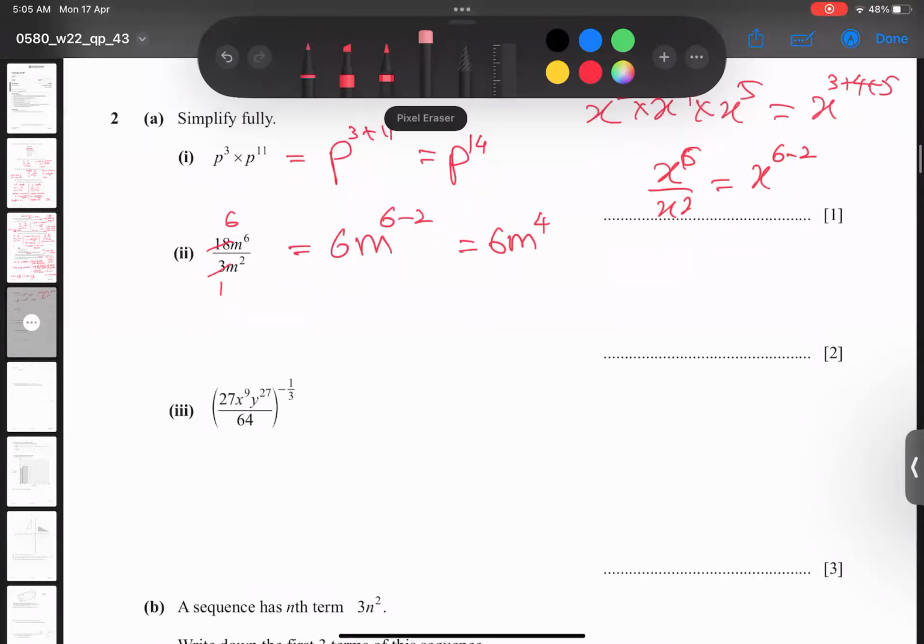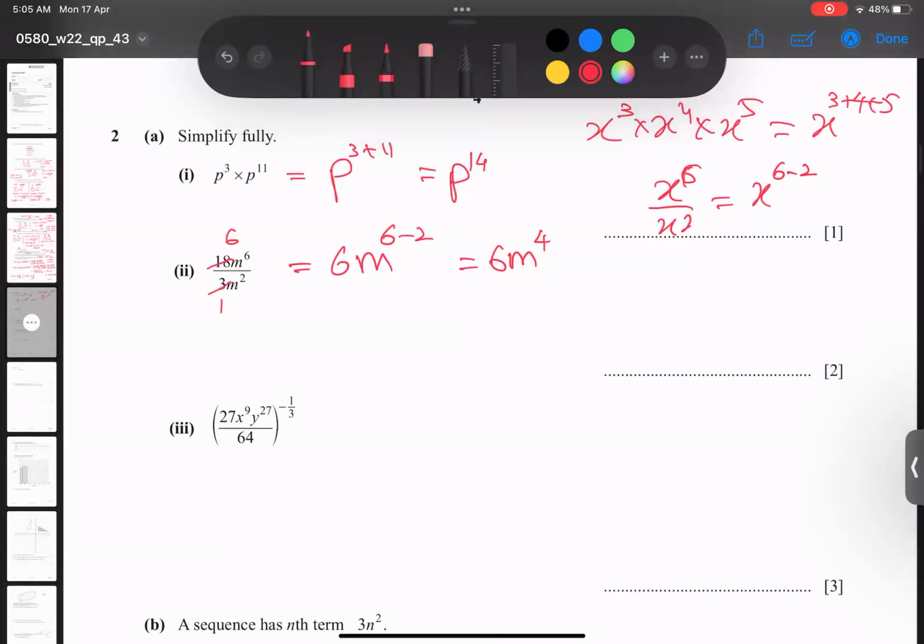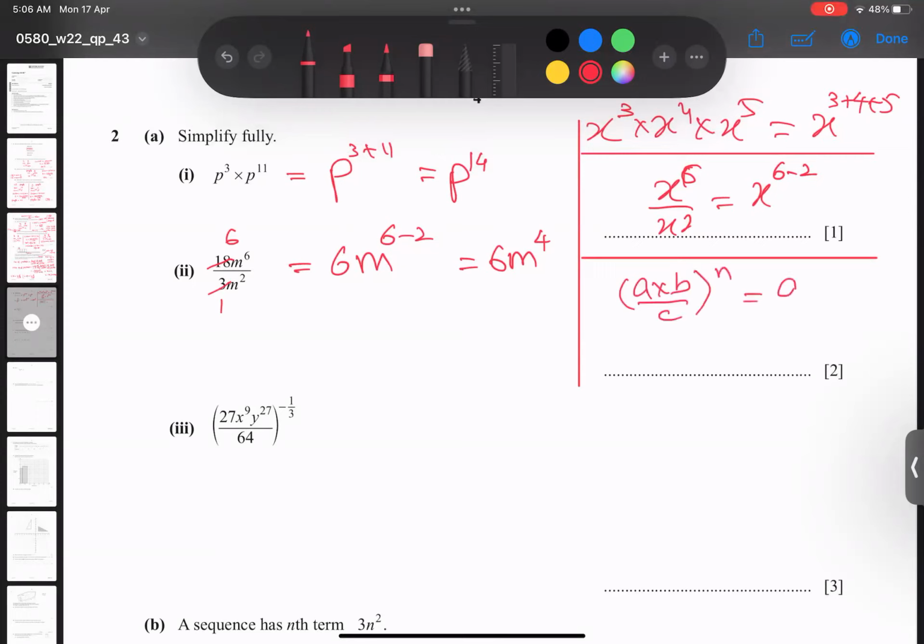And what about this? Again, I tell you one property of indices. I taught you two properties of indices. Third property of indices: if we have a times b over c to the power n, this power will distribute among all values in case of multiplying or dividing. With a plus or minus, it is not possible.